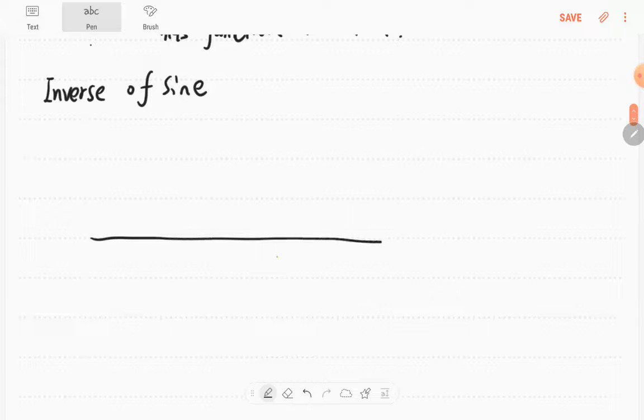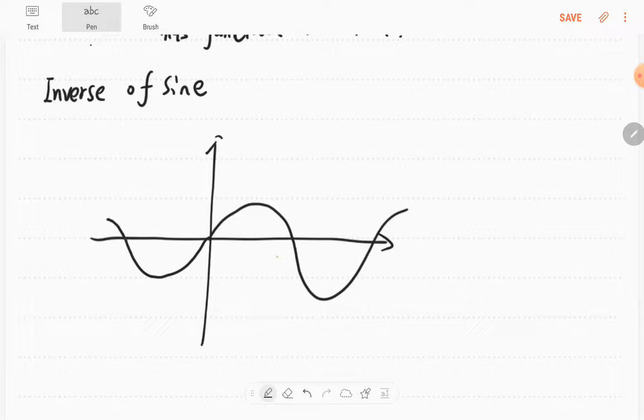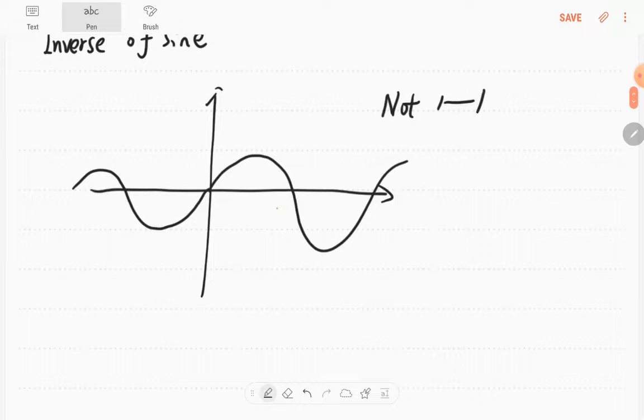So we know that the sine function is given by this kind of curve, right? It's not one-to-one, because if you draw a horizontal line, you will intersect the curve at infinitely many points. However, if we restrict our y equals sine x on the interval from negative pi over 2 to pi over 2.